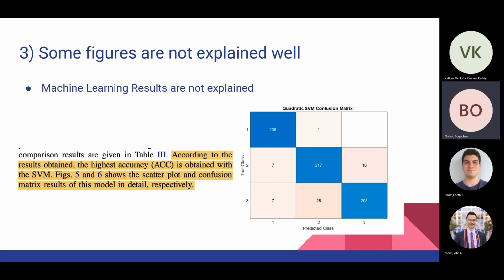So continuing on with the third weakness, they apply machine learning, and it seemed to be working well from their simulation. But some of the machine learning results are not very well explained.